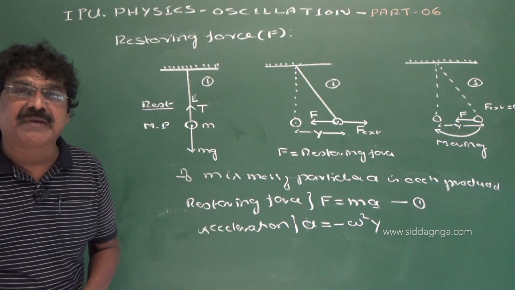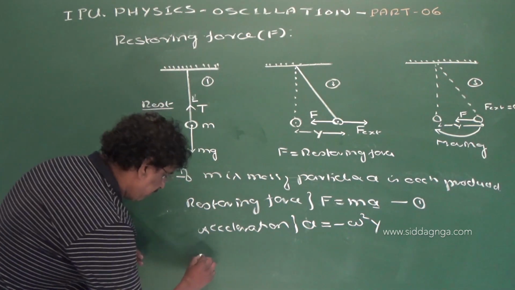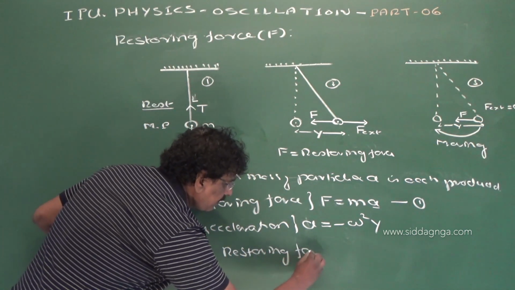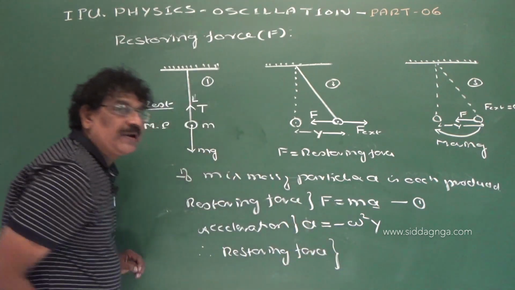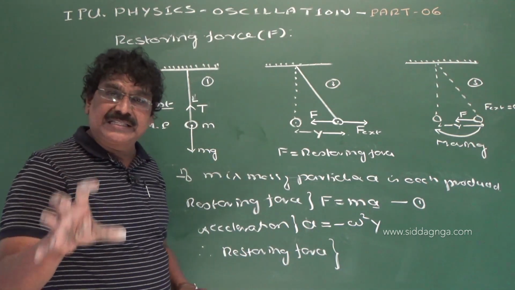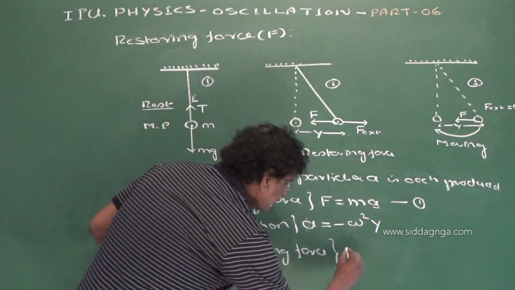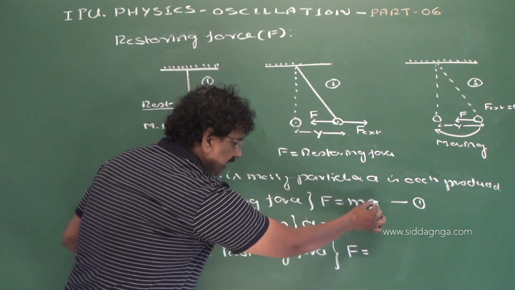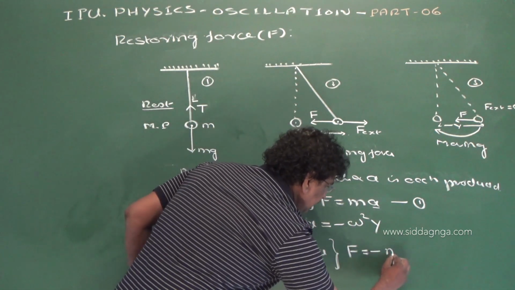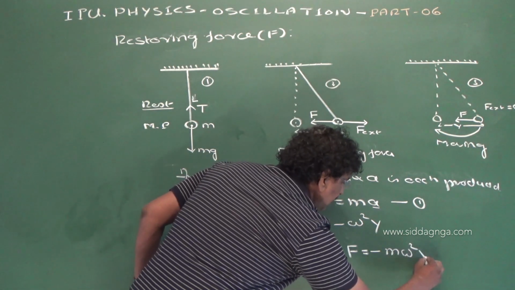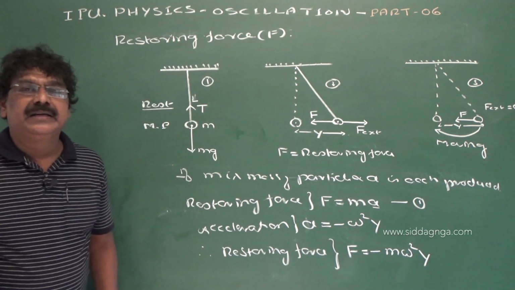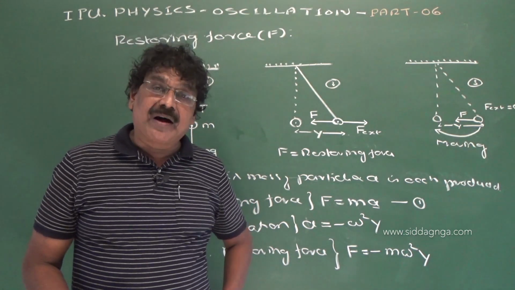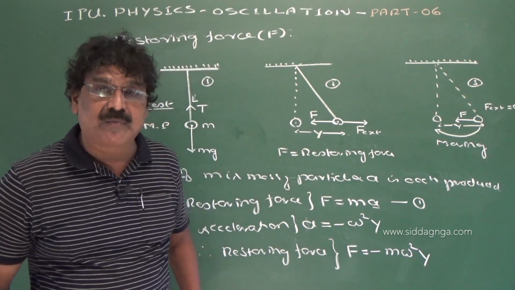Therefore, the restoring force acting on a particle executing simple harmonic motion is F equal to, M being constant, replacing a we obtain minus m omega square y. This is the restoring force acting on a particle executing simple harmonic motion.